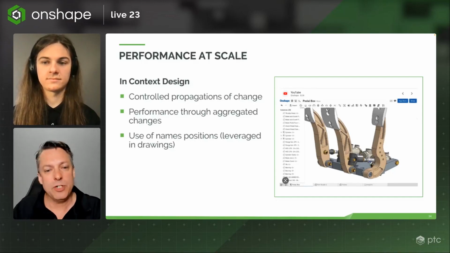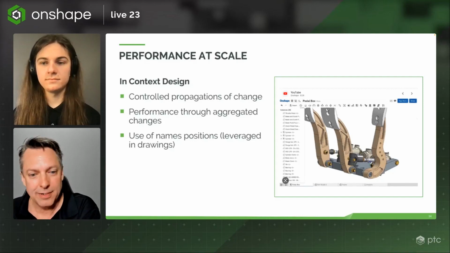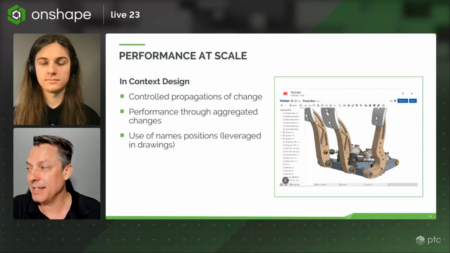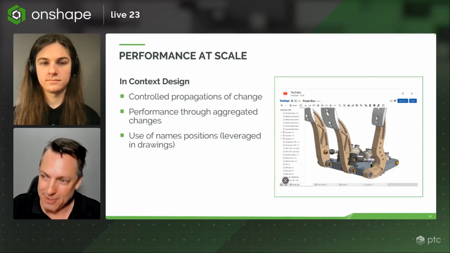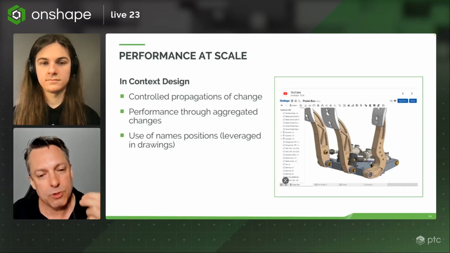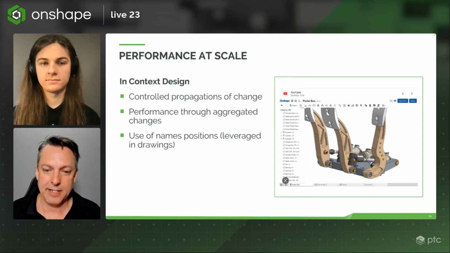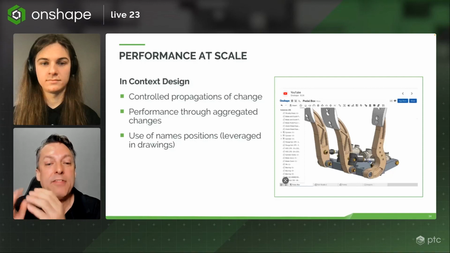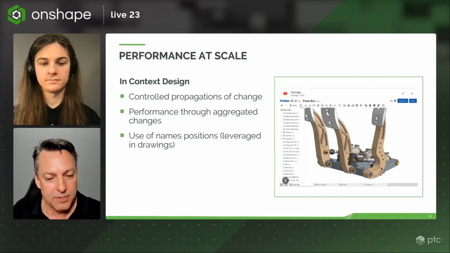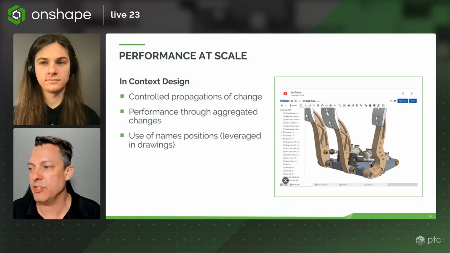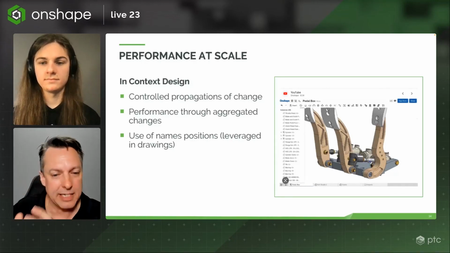In Onshape, when you use a named view and you use an in-context design capability or a context in a part studio, you have the ability to control the propagation of change. You decide when that change is propagated, if it's propagated, and the positions of the components when that in-context feature is regenerated. Absolutely, please check it out.